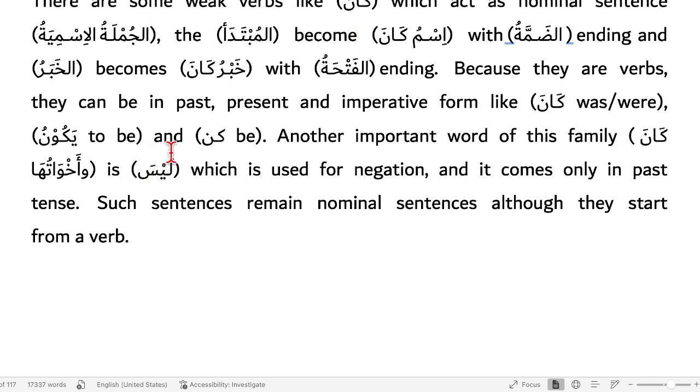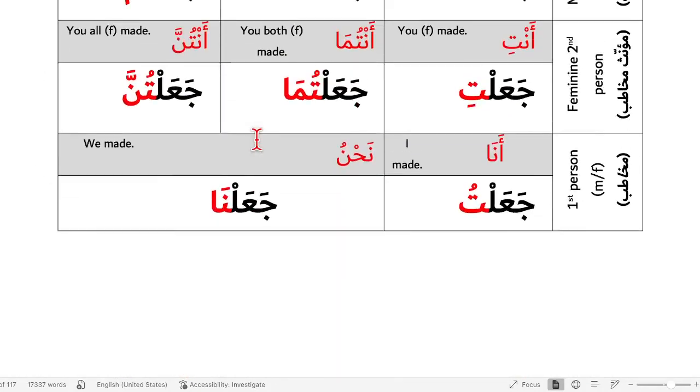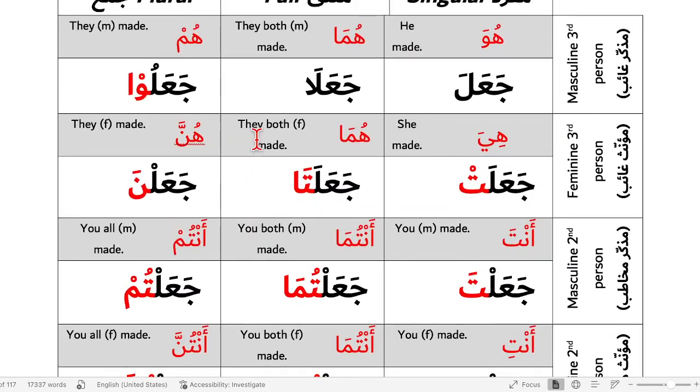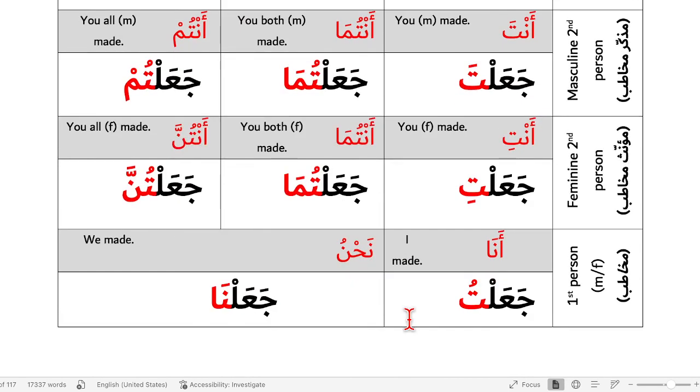Laysa is only used in the past tense. If we apply laysa in the same table on page 22 in the past tense, you can use that: laysa, laysa, laysu, laysat, laysata, lasna, lasta, lastuma, lastum, lasti, lastuma, lastunna, lastu, lasna.